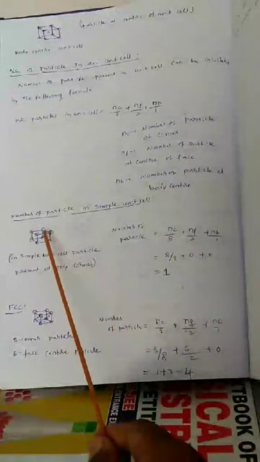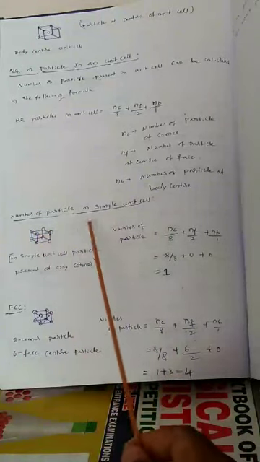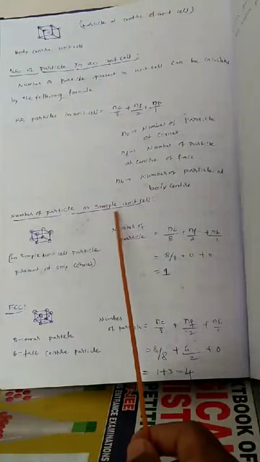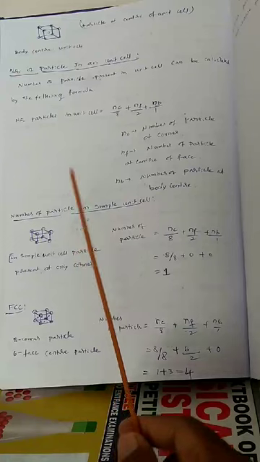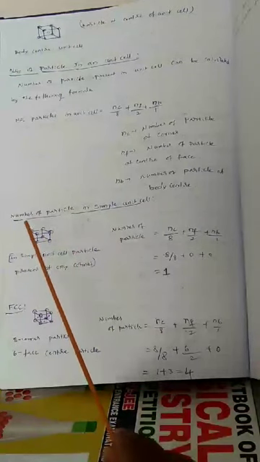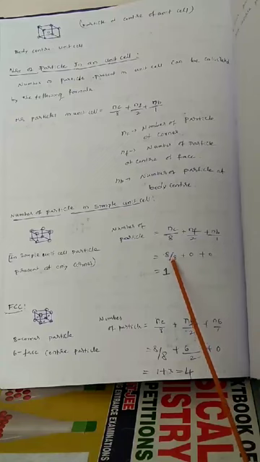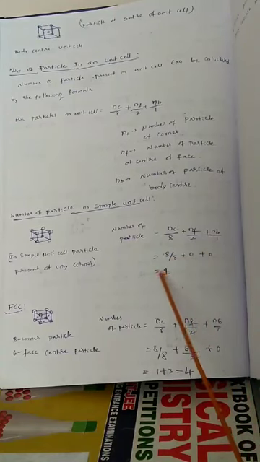Plus there are no particles at the center of each face, because it is a simple crystal system. In a simple crystal system, the particles are present only at the corner. Therefore, there is no particle at the center of the face and the center of the unit cell also. Therefore, it is 8 divided by 8 plus 0 plus 0, that is equal to 1.